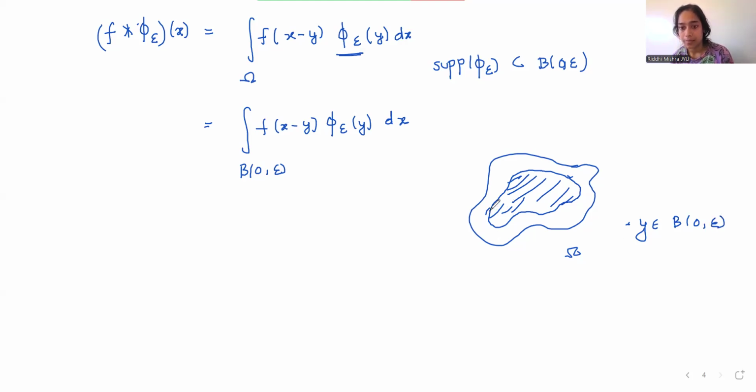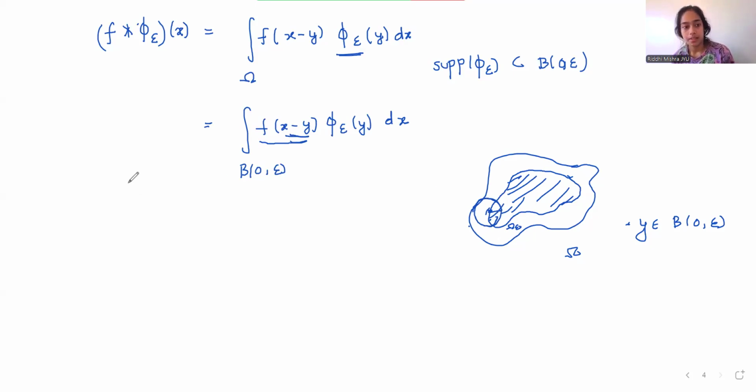So if I am here on the boundary of omega epsilon, and I take y in this range B0 epsilon, then the function value at this point should make sense. That's why we are a little bit far away from the boundary, so that when I make this ball with epsilon radius, this ball is contained inside omega.